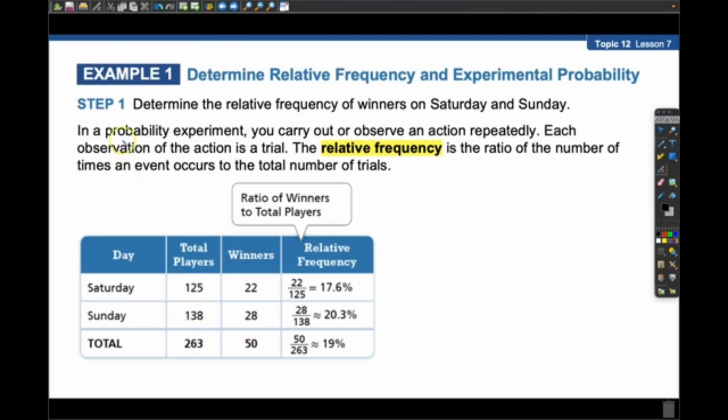All right? In a probability experiment, you carry out or observe an action repeatedly. They're talking about the players playing the game and us finding out how many winners there are. Each observation of the action is a trial. The relative frequency is the ratio of the number of times an event occurs to the total number of trials.